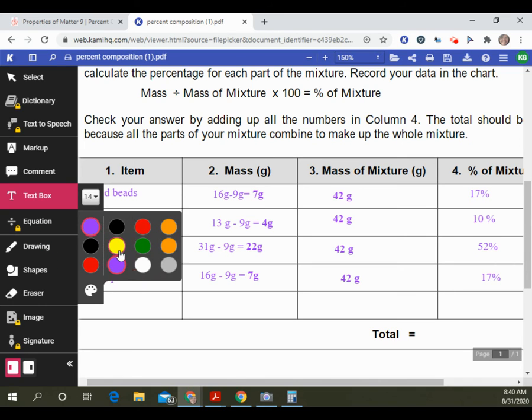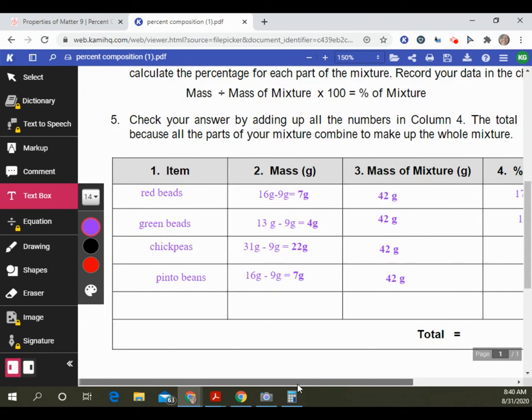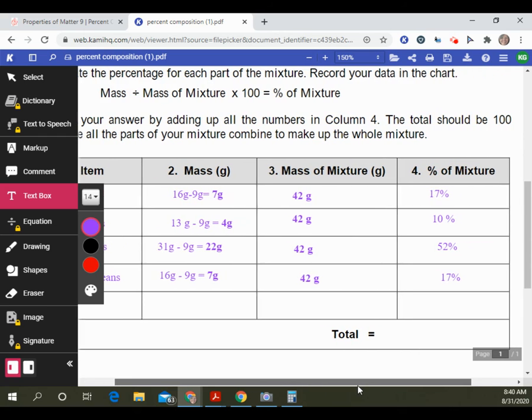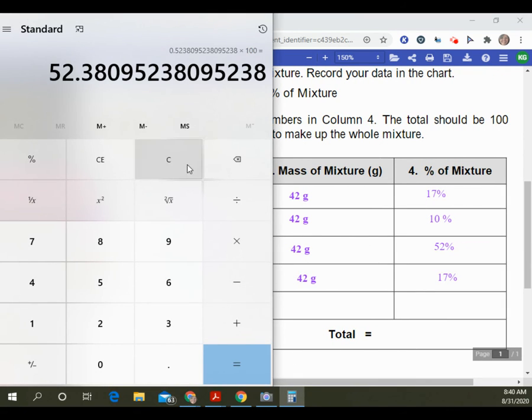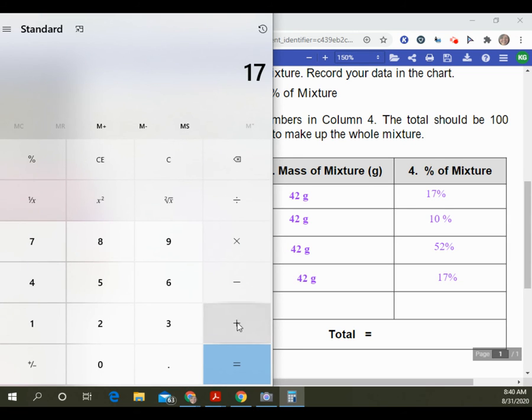All right. So this says check your answer by adding up all the numbers in column 4. The total should be 100 because all the parts of your mixture combine to make up the whole mixture. Well, let's check our answer by doing exactly what it said. 17 plus 10 plus 52 plus 17 equals 96.